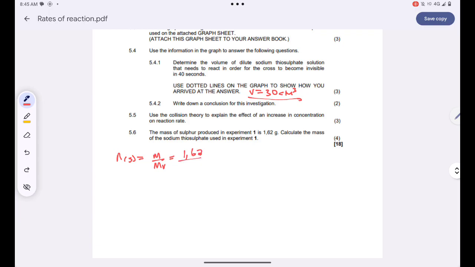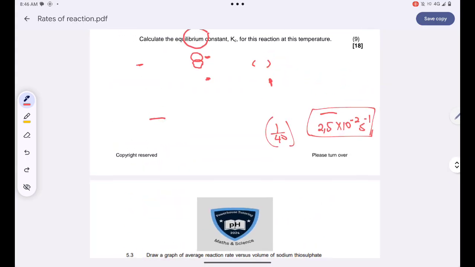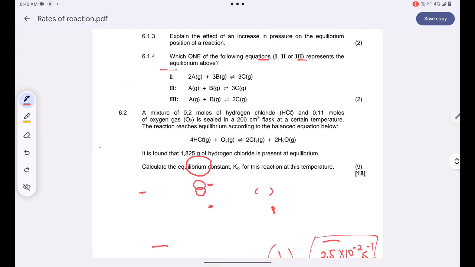Sulfur has a molar mass of 32. So 1.62 divided by 32 will simply give me 0.050625 moles. I don't want to round off yet. I'll round off my answer at the final stages.